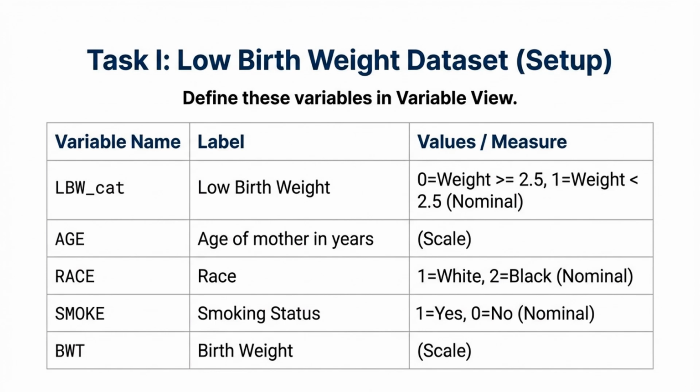Age of the mother in years, scale type of variable. Race: white is code 1 and black is code 2, nominal variable. Smoking status: 1 for yes, 0 for no, nominal type of variable. BWT, birth weight, scale type of variable.